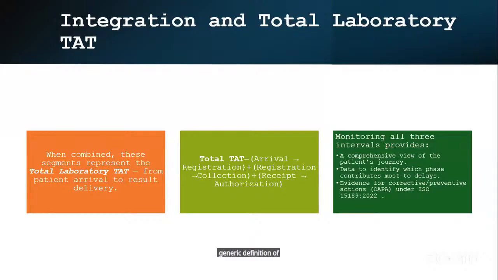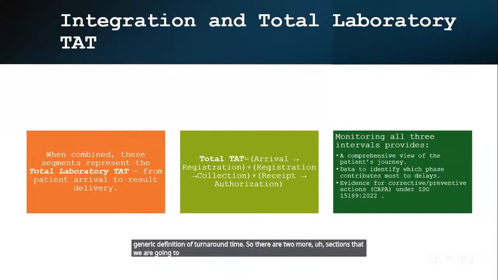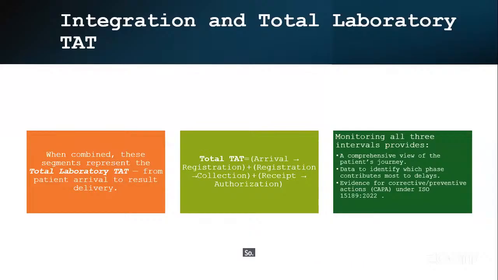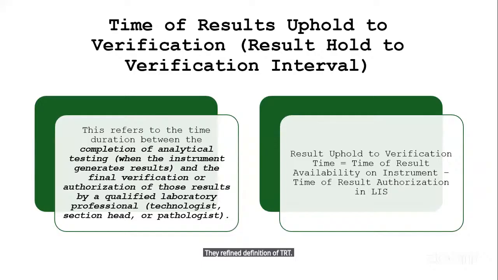of turnaround time. So there are two more sections that we are going to discuss. Those two more aspects bring in what we call the refined definition of TAT. So this is one of the sections.